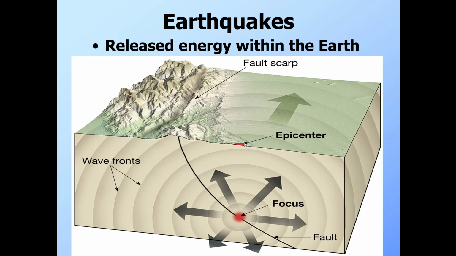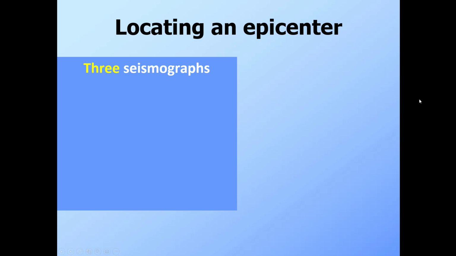So when an earthquake occurs, energy is transmitted through the Earth in all directions in the form of waves. Those waves can be recorded by machines called seismographs. It takes 3 seismographs to triangulate the location of an epicenter.